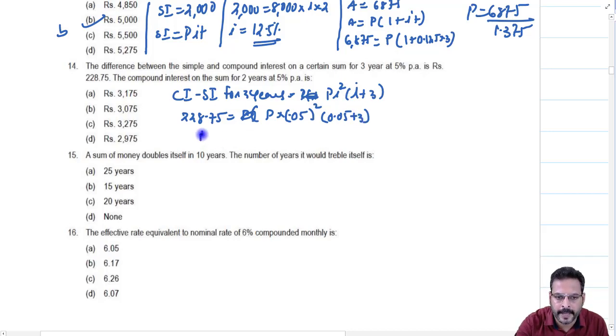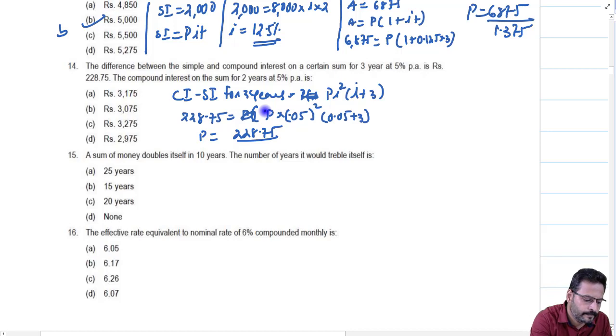So P is equal to 228.75 divided by that, and you will get P as 30,000.